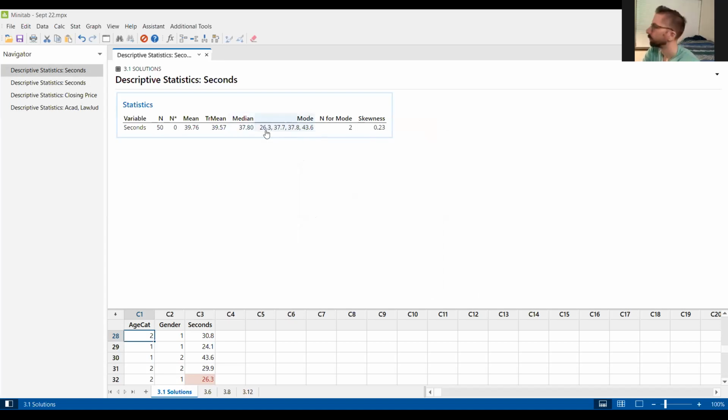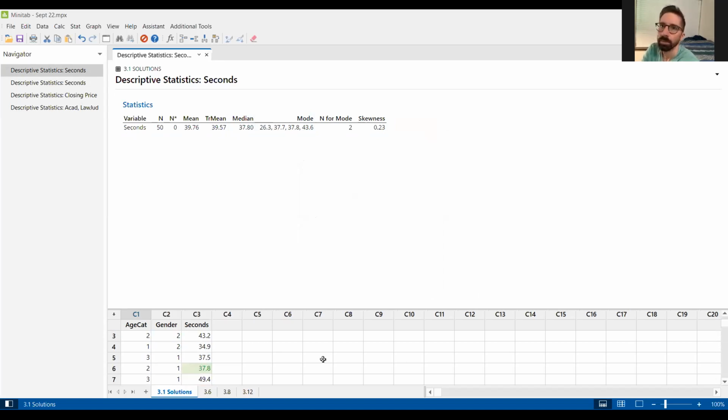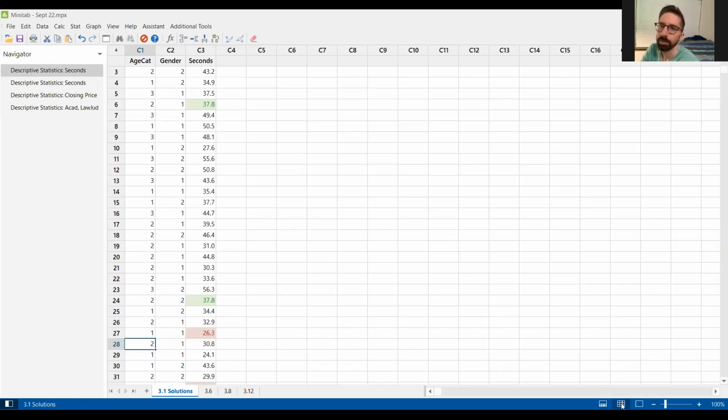Notice it gives me all these modes here: 26.3, 37.7, 37.8, 43.6. I know you guys don't have the ability to highlight values like I do, but as you can see, there are two 37.8s and two 26.3s, and if you check the other two, you would find two of each. That's where the green comes in.